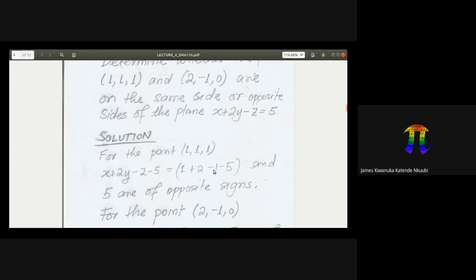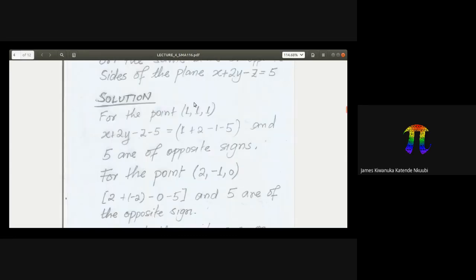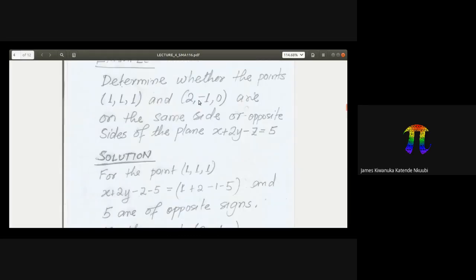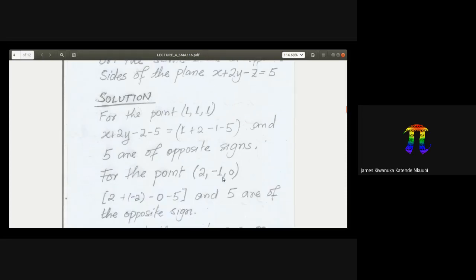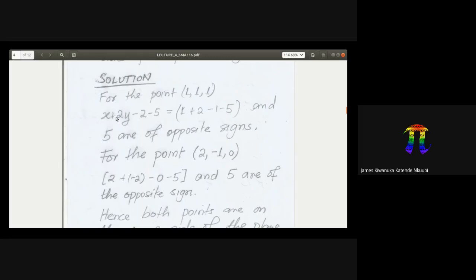So this example applies that test and is able to show where these 2 points lie in relation to the plane x plus 2y minus z is equal to 5. When you apply that test, you work out this, and you can see that this is negative and this is positive, so they are of opposite signs.